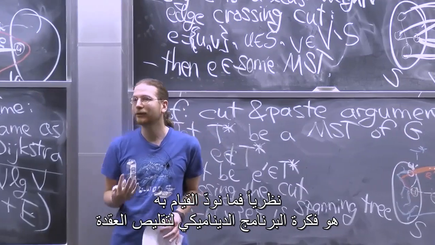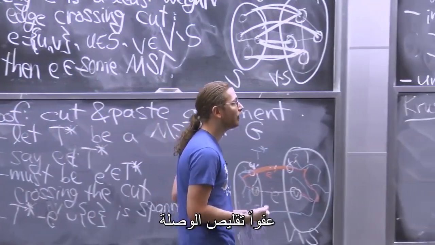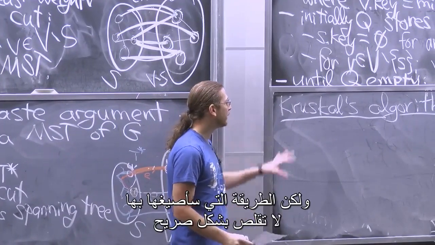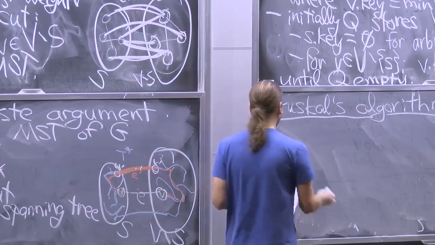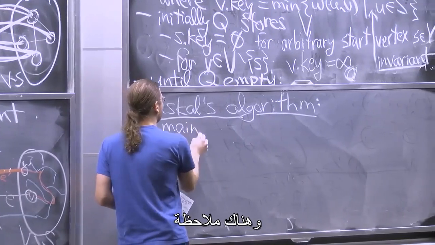Conceptually, what we want to do is that DP idea of contract the edge, and then find the minimum weight edge that remains. But the way I'm going to phrase it doesn't explicitly contract, although implicitly it's doing that. And there's a catch.